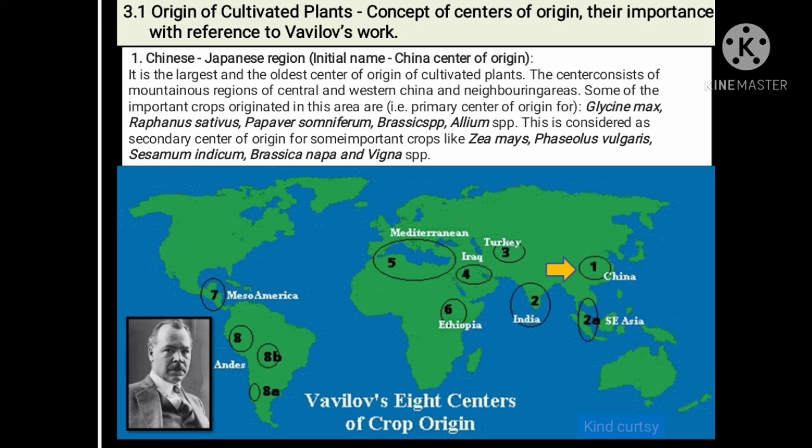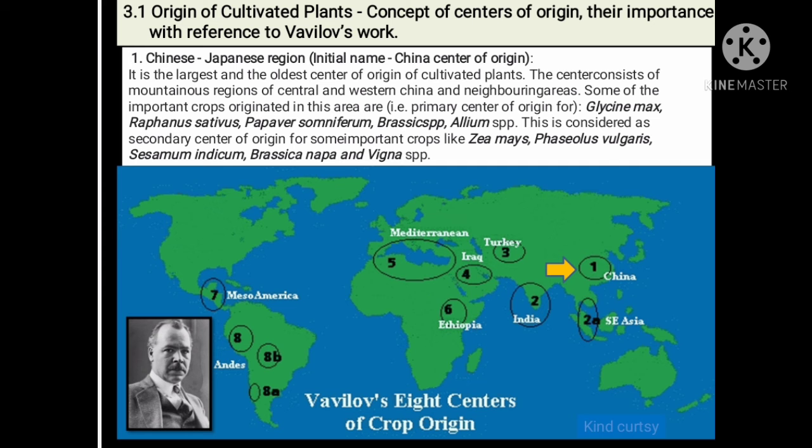Later on, in 1935, Vavilov divided the Hindustan center into 2 centers, that is the Indo-Burma center and the Malaya-Java center of origin. He also divided another center from the initial 8, namely the South American center, into 3 centers, that is the Peru, Chile, and Brazil-Paraguay centers of origin.